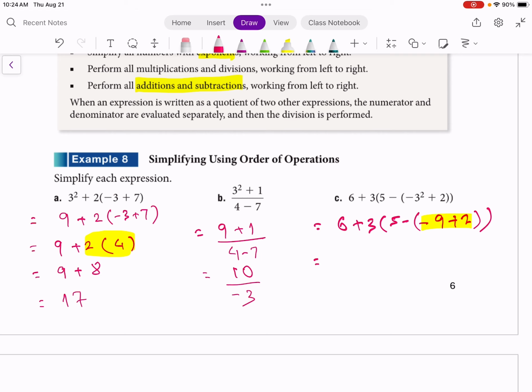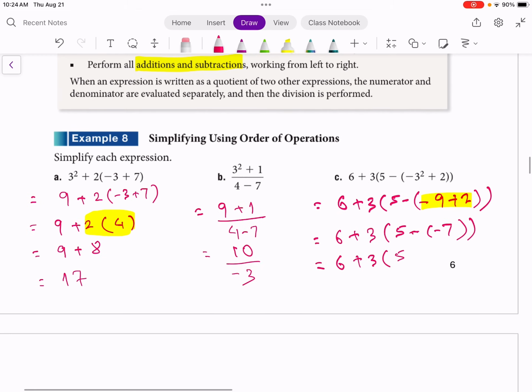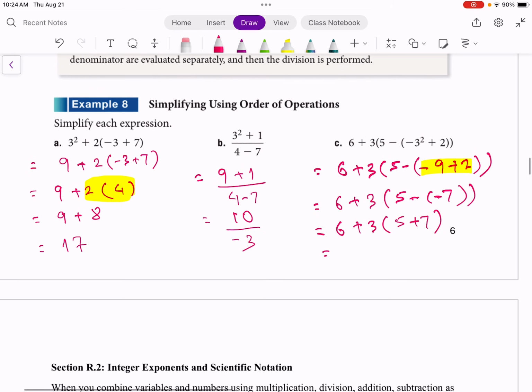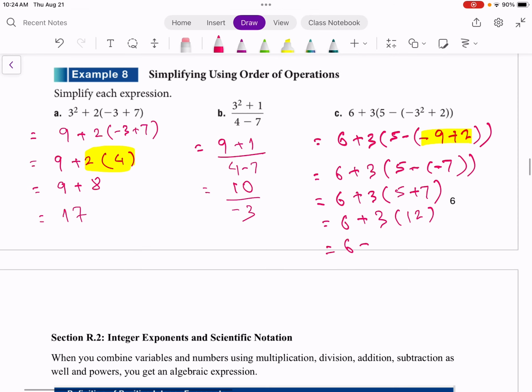So let's simplify this one. 6 plus 3 times 5 minus negative 9 plus 2 is negative 7. And we have a parenthesis. So 6 plus 3... so we have 5 minus times negative 7 is positive 7. Then we still have parentheses. So let's simplify that. 6 plus 3, 5 plus 7, 12. So this is 6 plus, now you multiply 3 and 12, 36, and this is 42, our final answer.